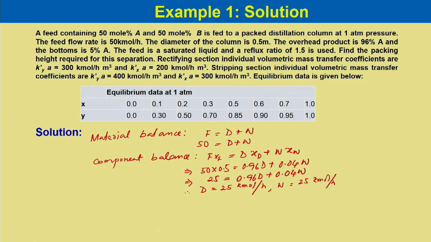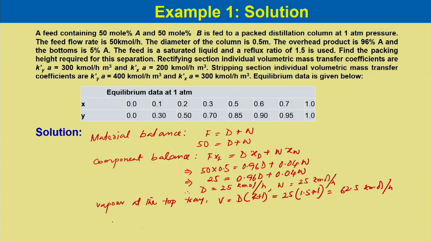Now, vapor at the top tray V would be equal to D into (R plus 1). So, we can substitute D 25 into 1.5 plus 1, which is equal to 62.5 kmol per hour.